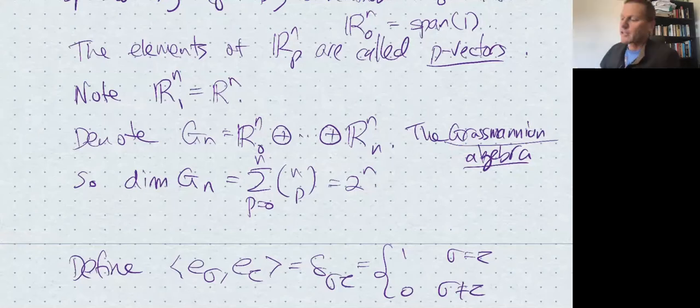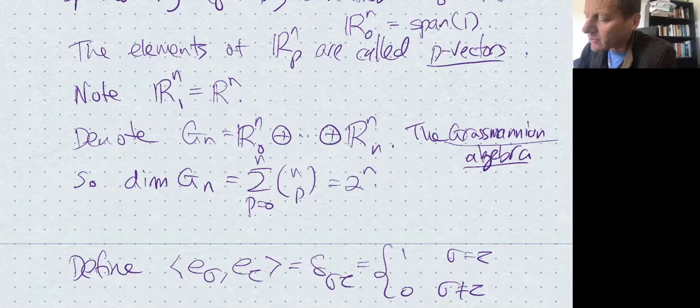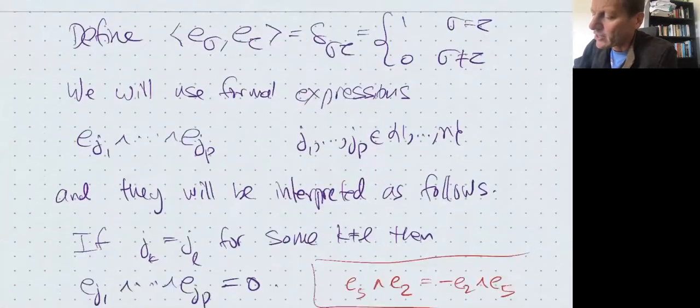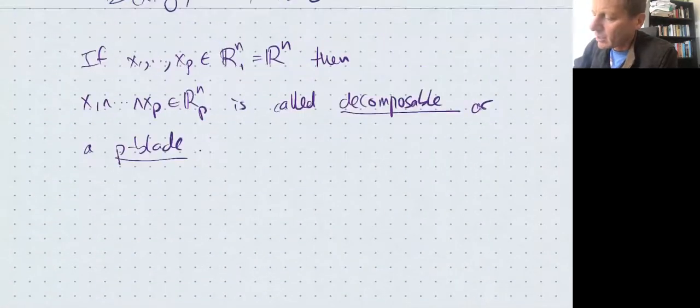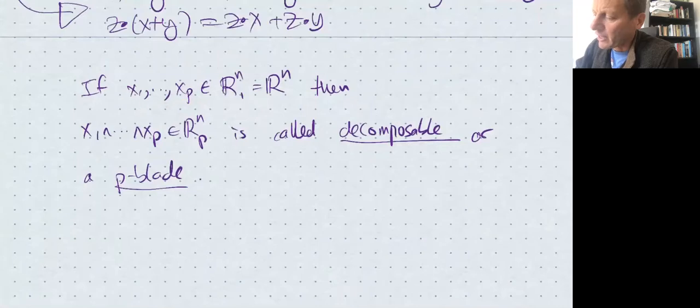If you wedge a p-vector and a q-vector, you get a (p+q)-vector, or you get 0. So it's always pushing you up. You take p elements in R^n of degree 1 and wedge them, and you get an element which is a p-vector.